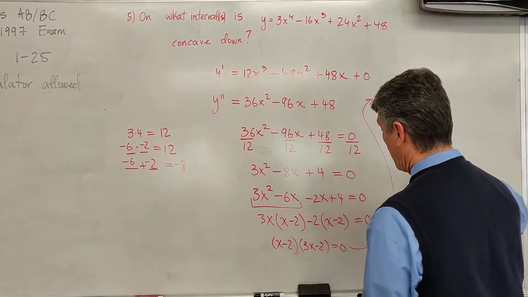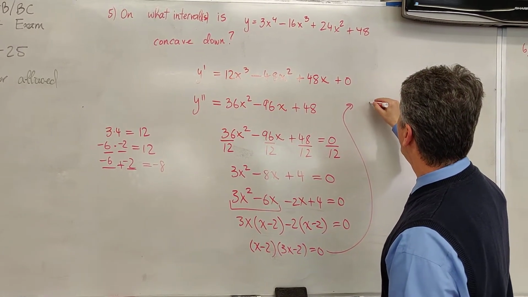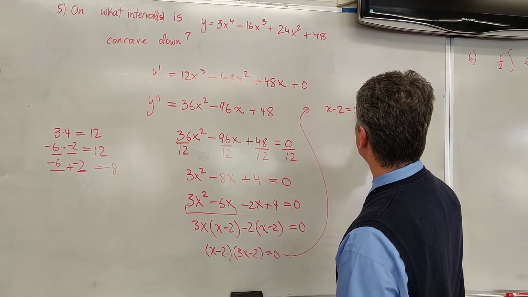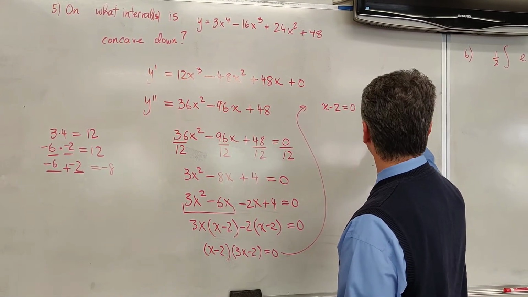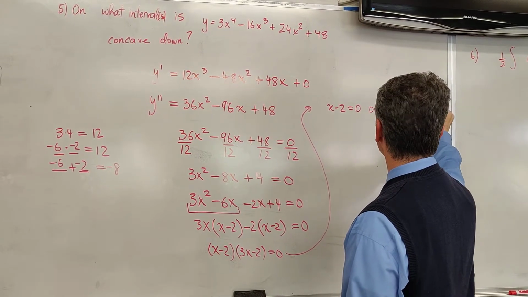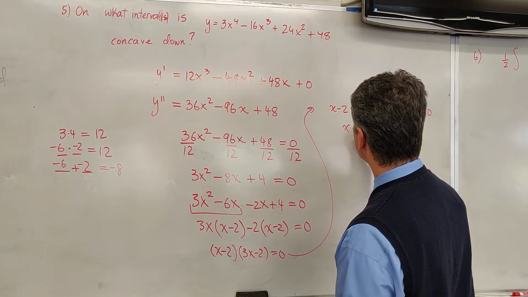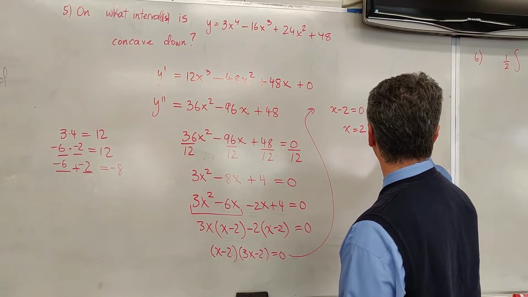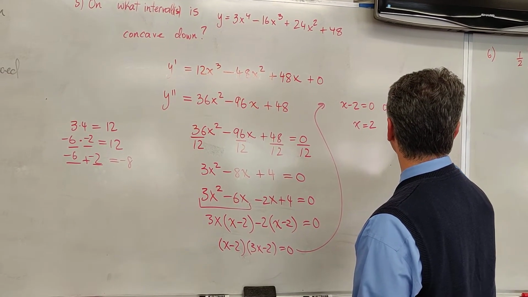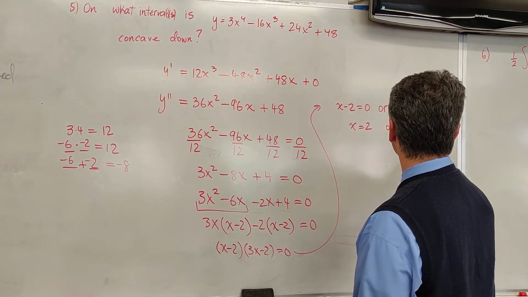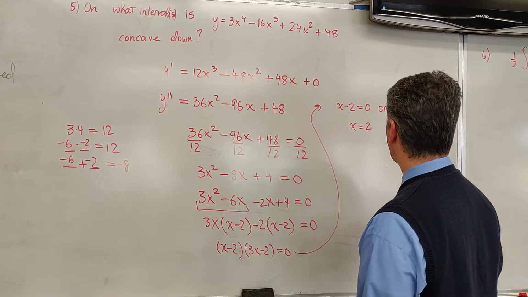Using the zero product property, we have that x minus 2 is equal to 0, or 3x minus 2 is equal to 0. Skipping a few steps, we get x is 2, or x is equal to 2 over 3.